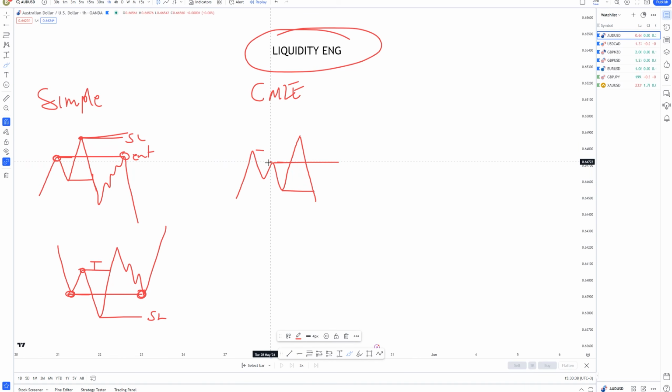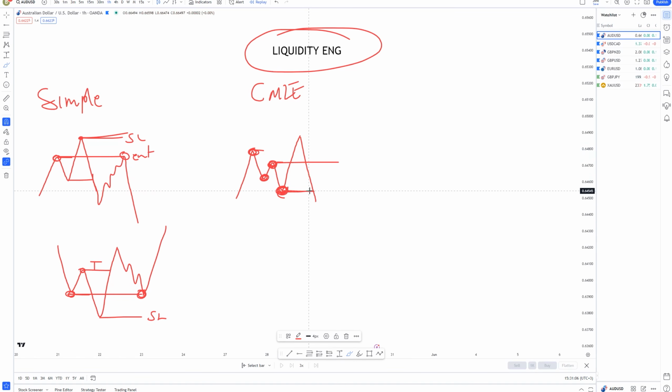This is where you have to put your entry, because this low has been broken, and this was the last low broken. So this low was formed by this high, but this high was formed by this low, and this low was formed by this high here.